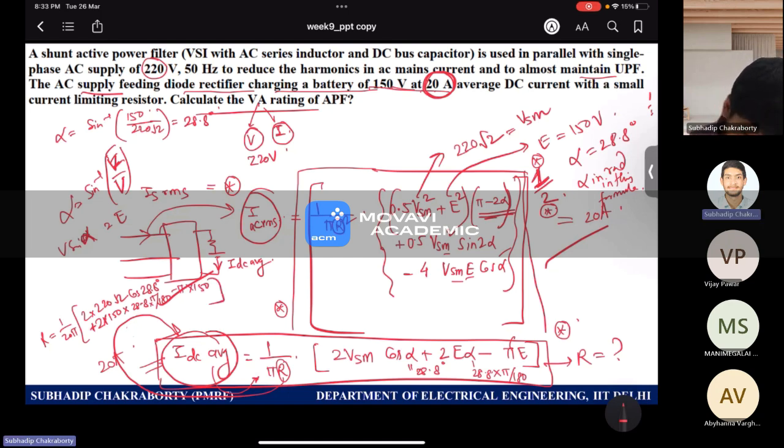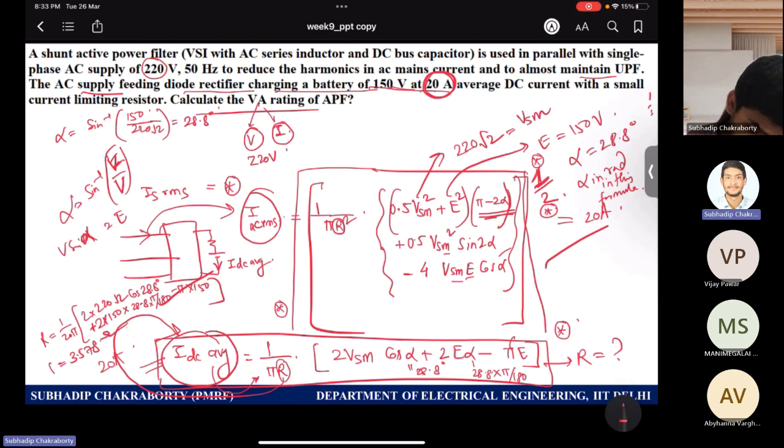Calculate what R is coming. Yes, if you calculate this, you get 3.578 ohms.